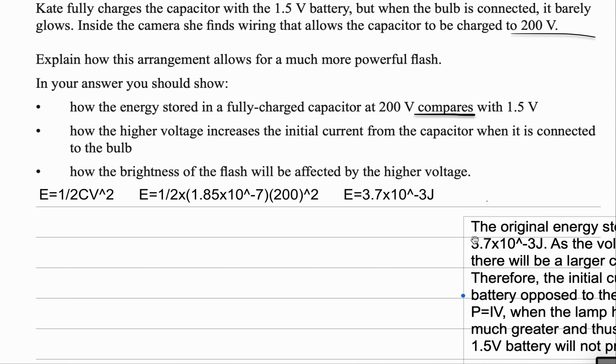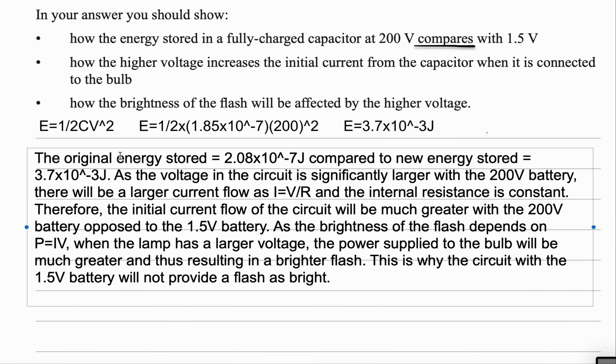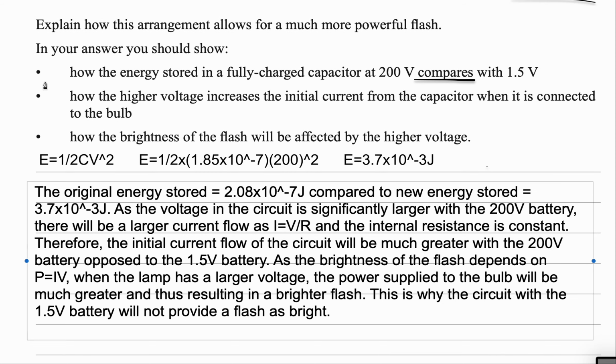Okay, so next we'll just write a paragraph which will answer the stuff. The original energy stored equals 2.08 times 10 to the power of negative 7 joules, compared, that word there, to a new energy stored equals 3.7 times 10 to the power of negative 3 joules. So just answering that first question there.